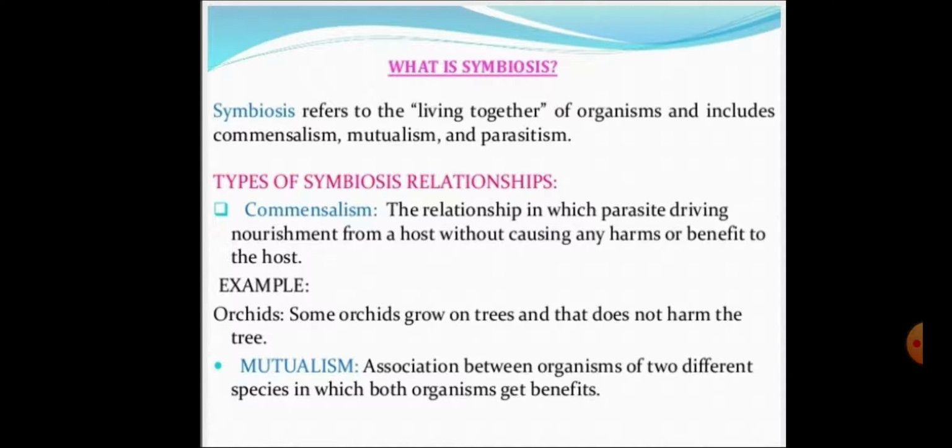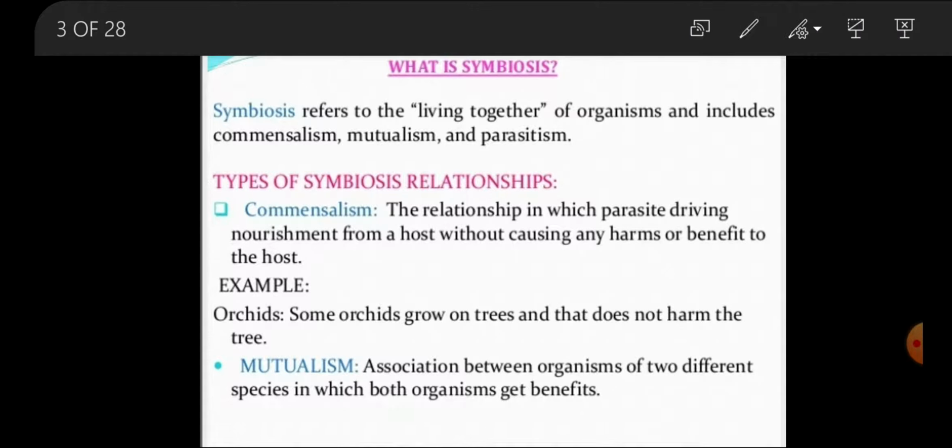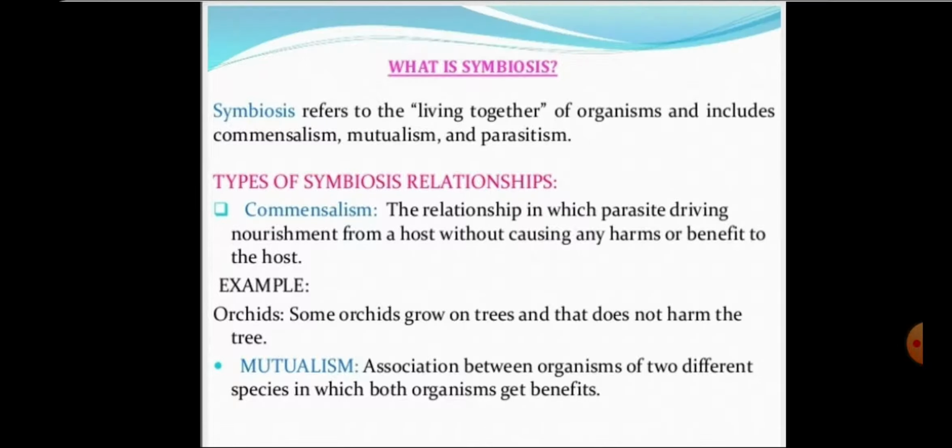That is called commensalism. Orchid: some orchids grow on trees and that does not harm the tree. Everybody knows this. Second is mutualism, an association between organisms of two different species in which both organisms get benefits.